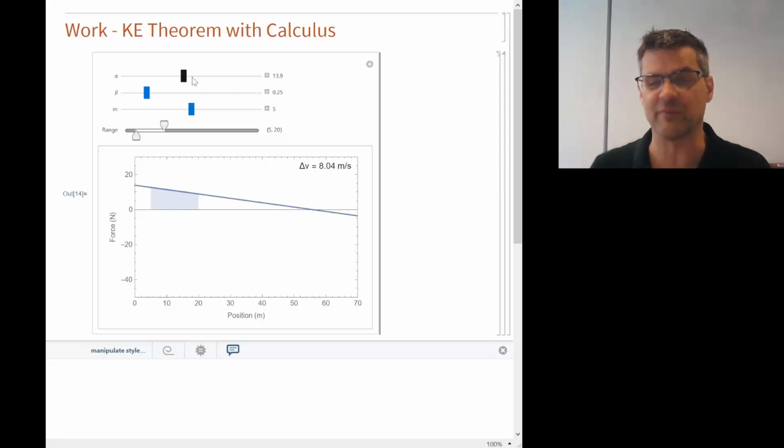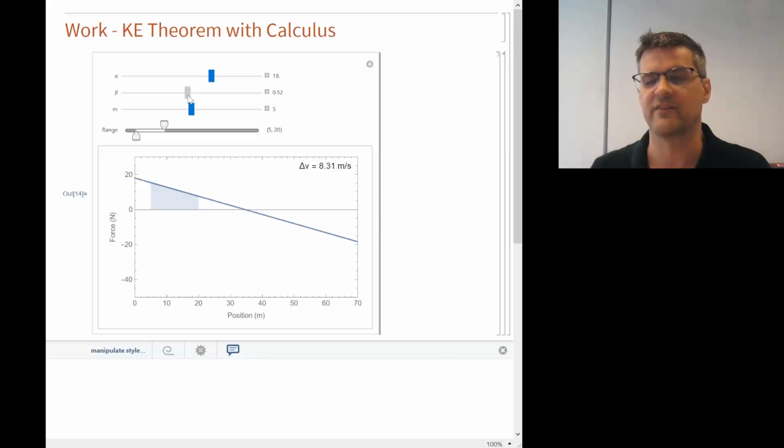For our problem, alpha was said to be 18. So I can put that in here, 18. There we go. And beta was 0.53. There we go, 0.53. The mass for our block, if it comes up later, was 6 kilograms, so we can plug 6 in.